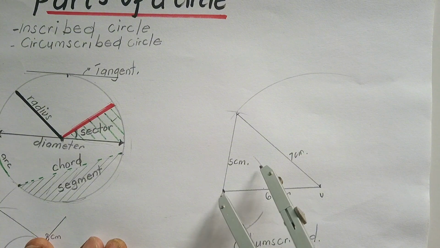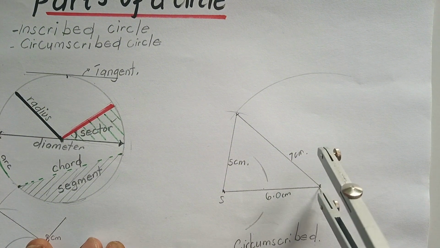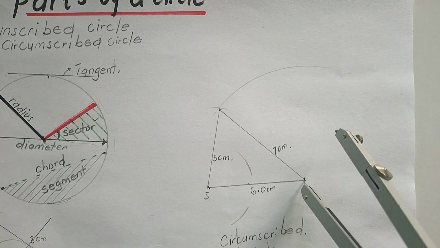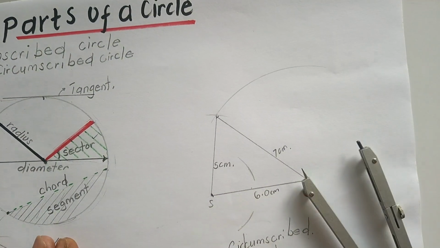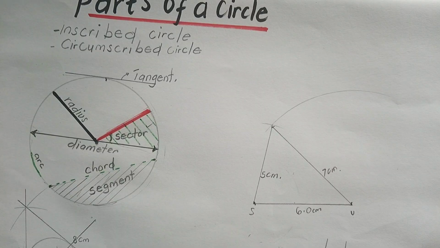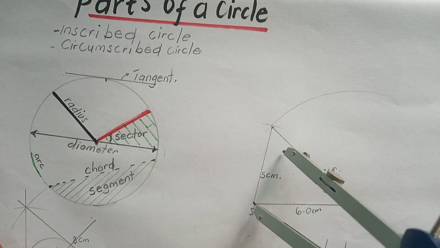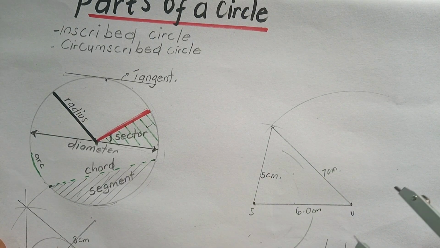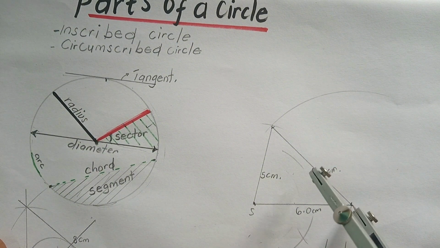Without adjusting that distance, I move to this other point. Let me lengthen it a little bit. So I make my arc, strike an arc there and another arc down here without adjusting my compass, an arc there.